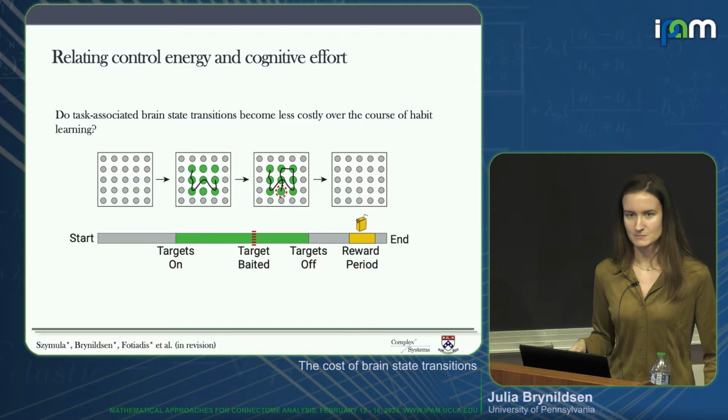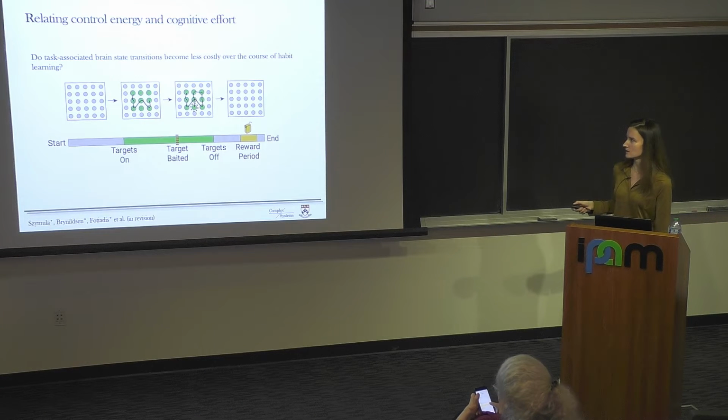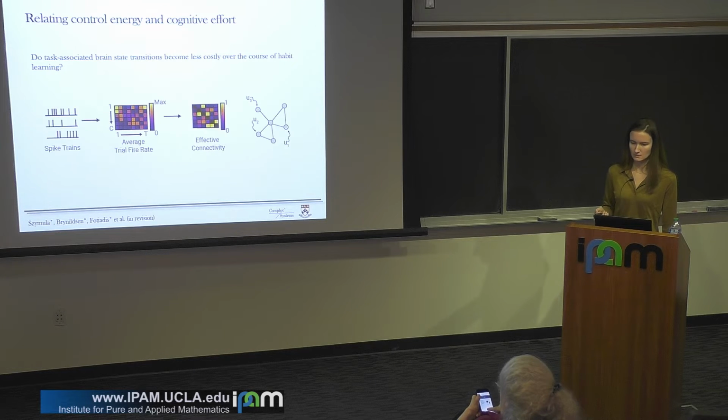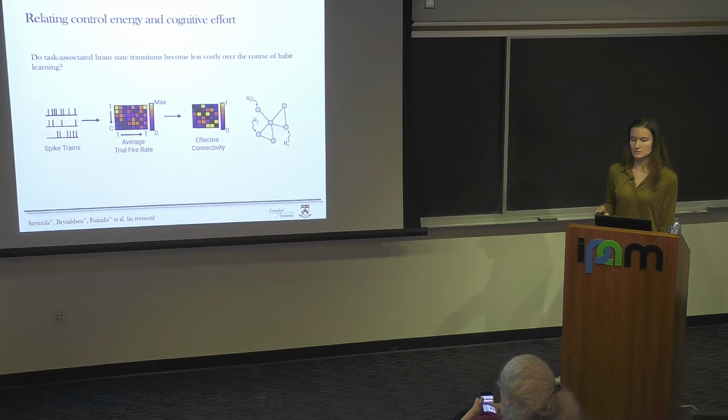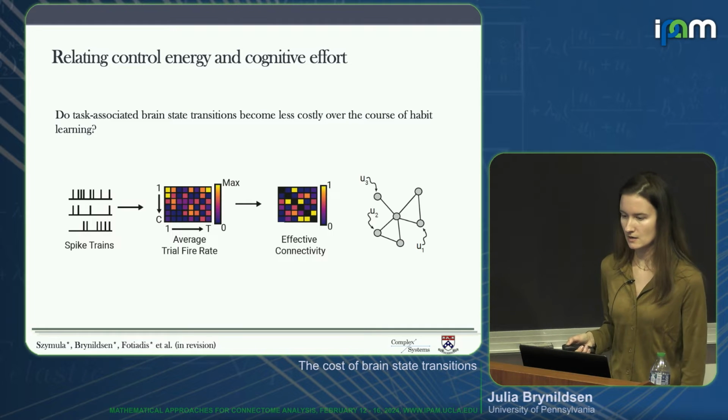So over time, the monkeys' behavior became more efficient and automatic as they figured out the best strategy to identify that baited target and earn the reward. During the sessions, multiple electrodes recorded populations of neurons throughout the cortex and caudate nucleus. And these recording channels were treated as nodes in a network.